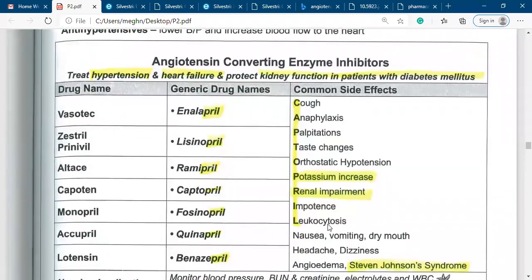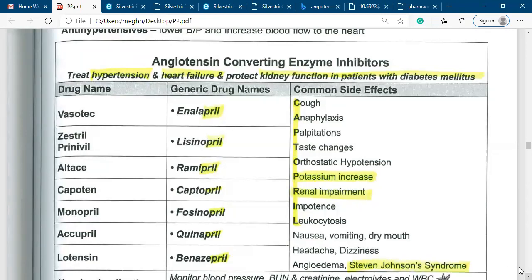So an easy way to remember: all of the angiotensin converting enzyme inhibitors end in pril: enalapril, lisinopril, ramipril, captopril, right? And benazepril. So the ending is PRIL. The ending of these is the same, right? So if you see any medication generic name ending in pril, they are angiotensin converting enzyme inhibitors.